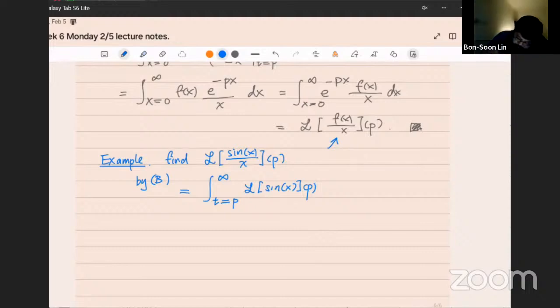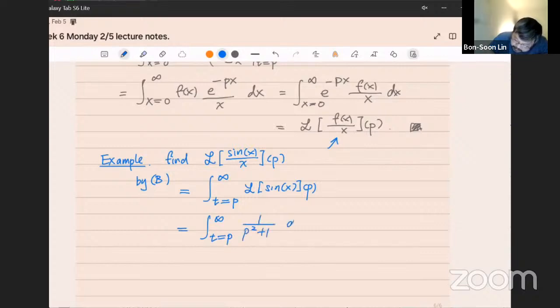Now what is this? This is the integral from p to infinity of sine of x, its transform is again 1 over p squared plus 1 dp.